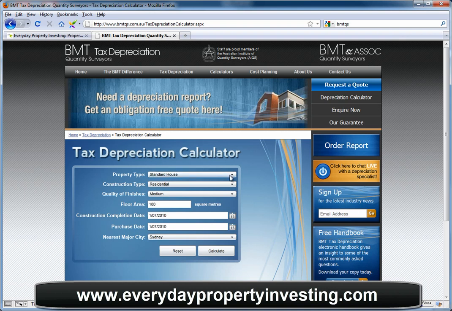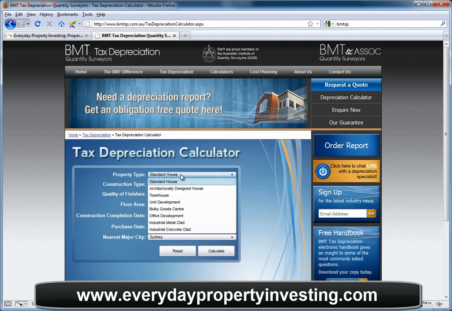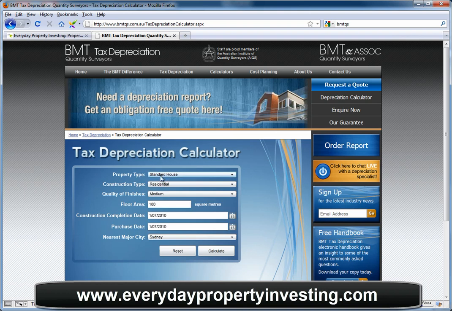This is a great tool for estimating while you're deciding on purchasing a house and trying to work out the cash flow. So let's pretend we'll leave it as a standard residential house with medium finishes, about 200 square metres. The date of construction of the house is really important when you're determining depreciation.